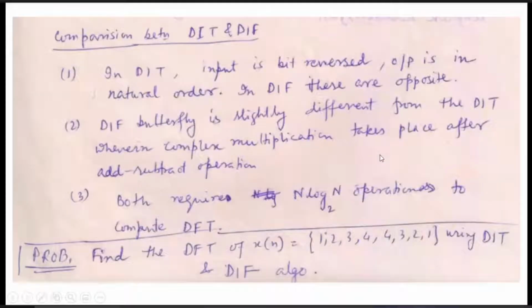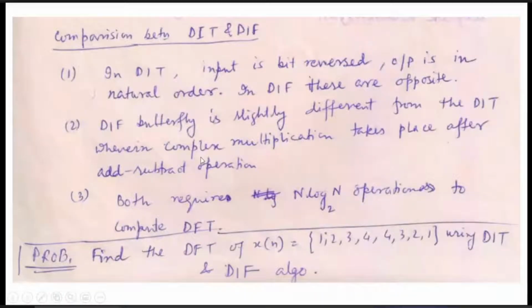Then DIF butterfly is slightly different from the DIT, wherein complex multiplication takes place after add subtract operation. So that means here multiplication with W80, that is the complex multiplication, is done after subtraction or addition of this and this results, and it's multiplied with this.